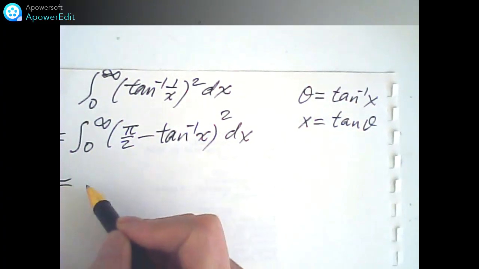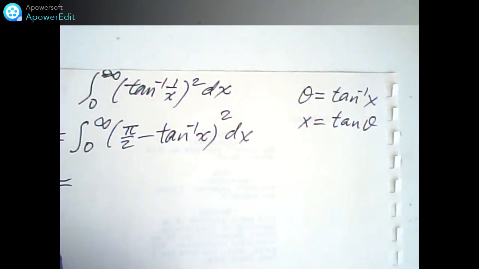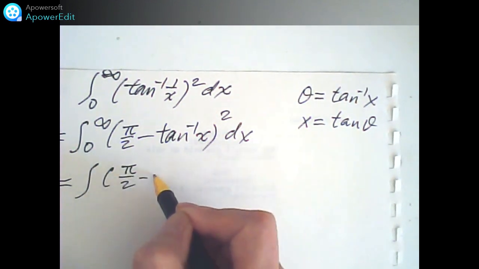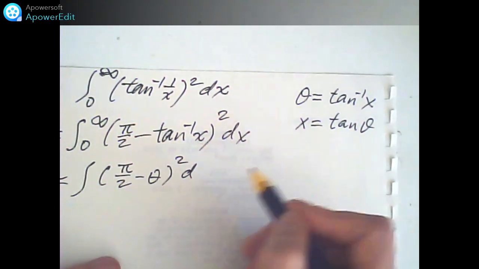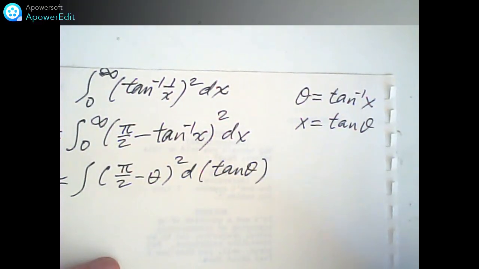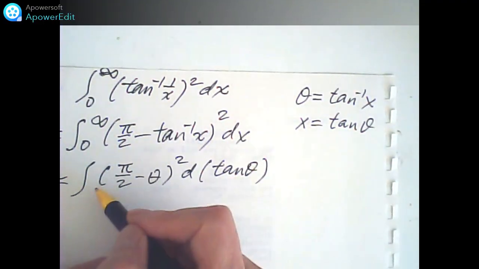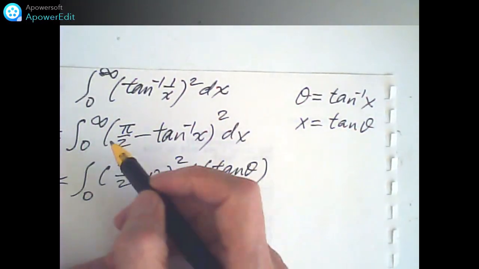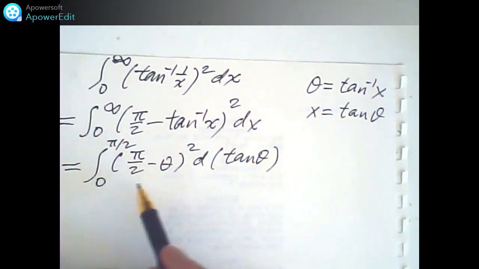So this is equal to the integral of half pi minus theta, squared, and d tangent theta. When x equals 0, this equals 0. When x equals infinity, that is equal to half pi. Yeah, this is ready for integration by parts again.